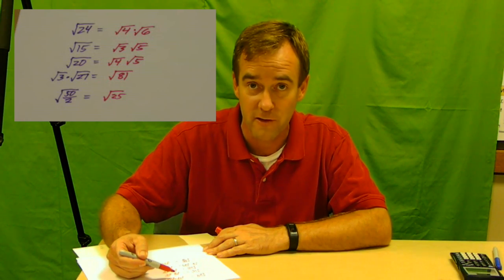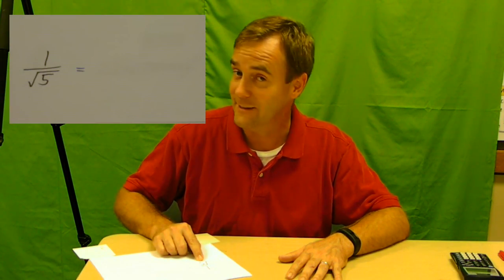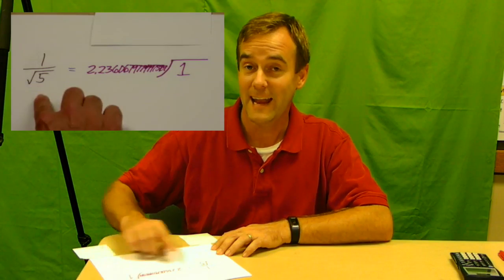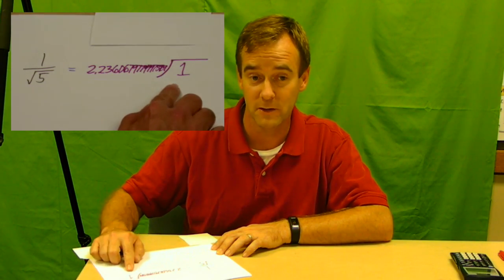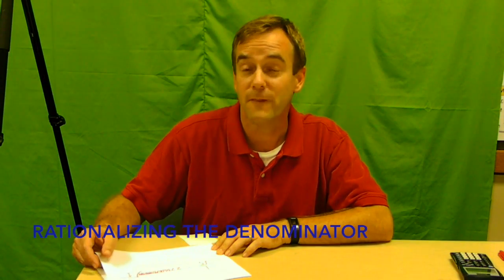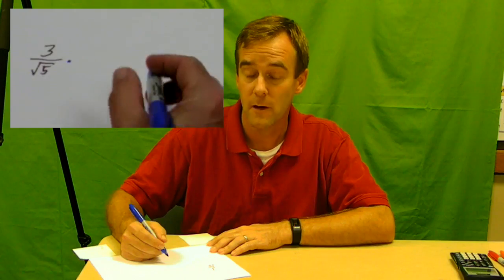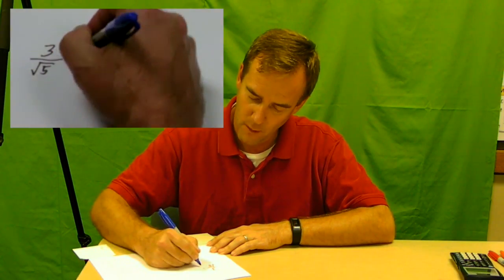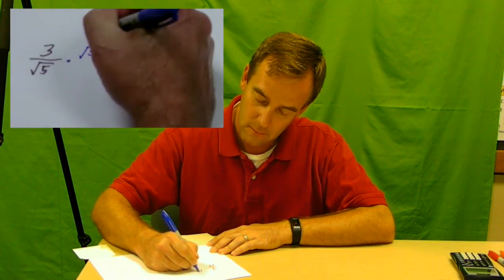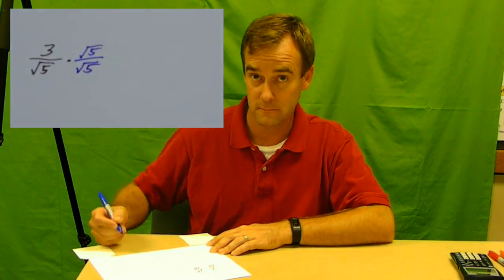Liberate those hostages. Finally, since we're going for simple, mathematicians hate having a radical in the denominator of a fraction. It has to do with how impossible it would be to divide by a number that goes on forever. We fix this by rationalizing the denominator, which means multiply the fraction by the radical in the denominator over the radical in the denominator.